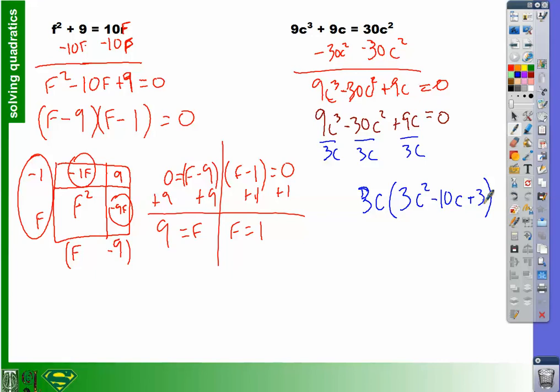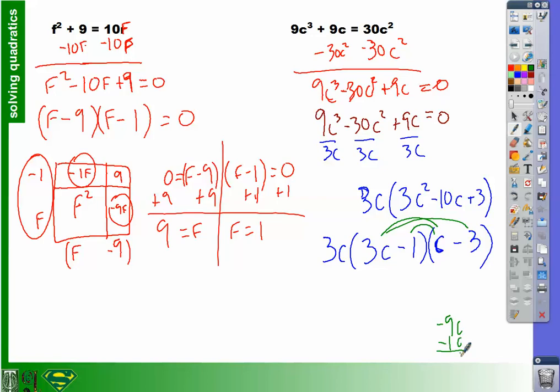So we're going to factor this as 3c minus 1 times c minus 3. And I know this works. I can check my linear term. 3 times 3 is negative 9. Negative 1 times c is negative 1c. So that gets me my negative 10c.